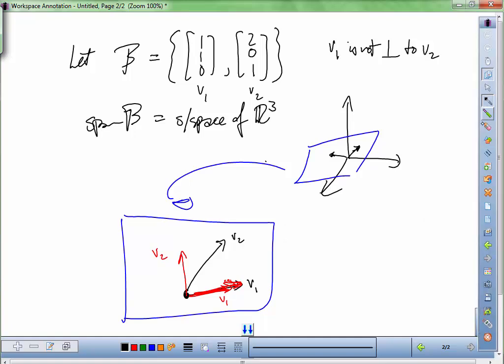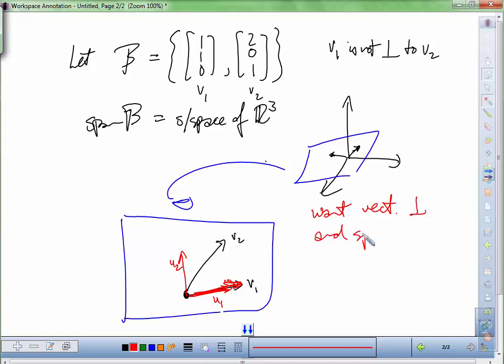And now I'm calling the new vectors that are supposed to be perpendicular u1 and u2. So I want vectors that are perpendicular and span the same plane. Okay?